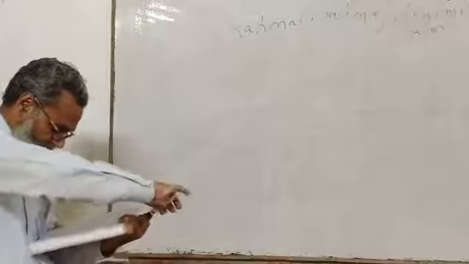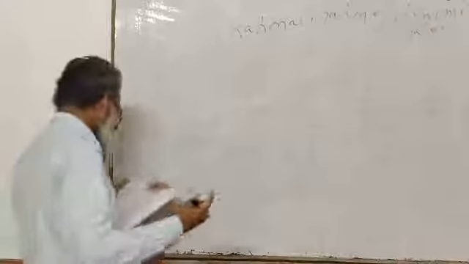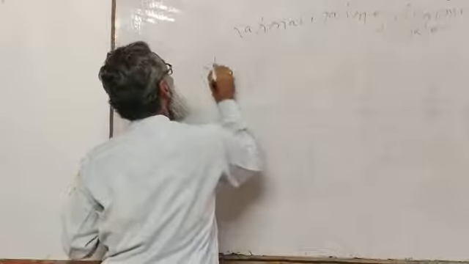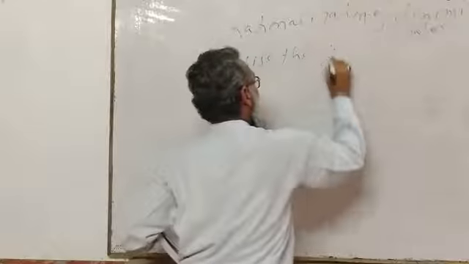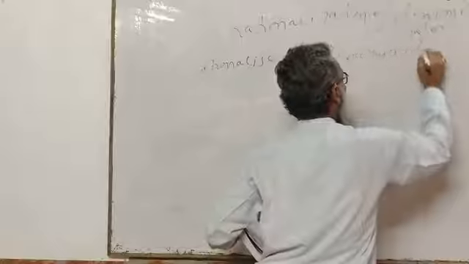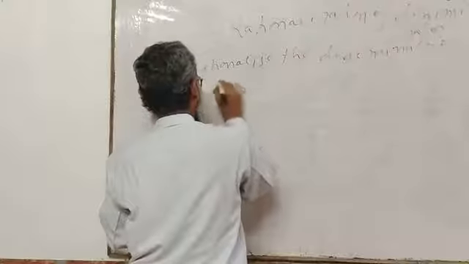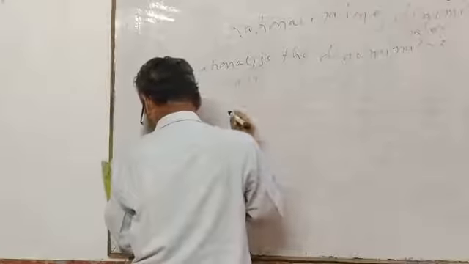Rationalize the denominator of one more: root 3 plus root 2 upon root 3 minus root 2.